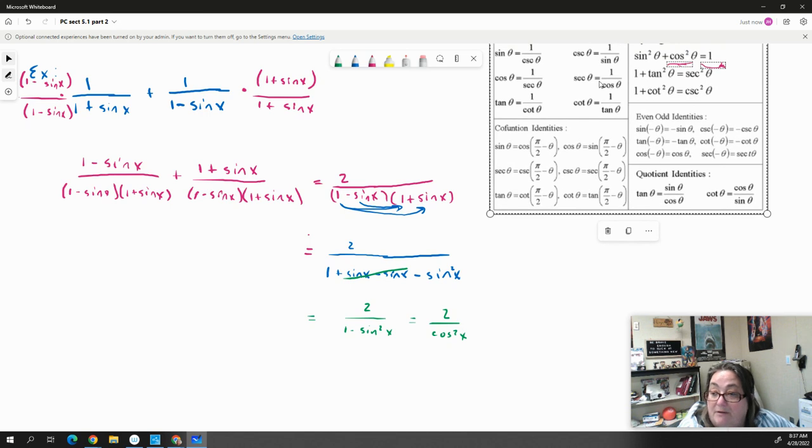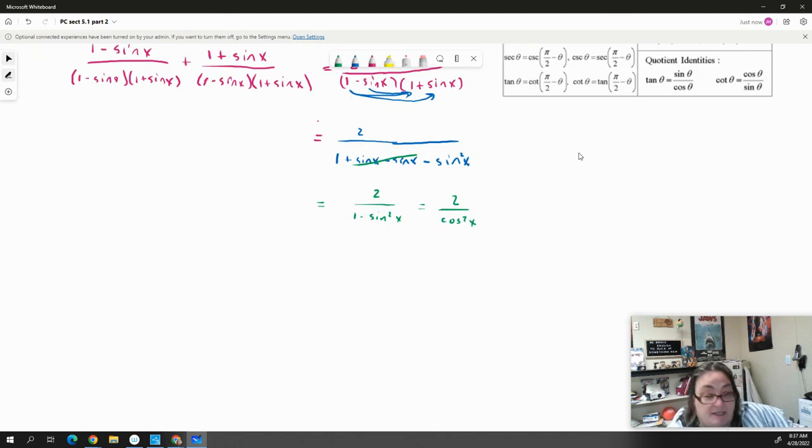Where do we have it? Right there. 1 over cosine squared of x equals secant squared. So I can write this as 2 times secant squared of x. That would be my final answer.